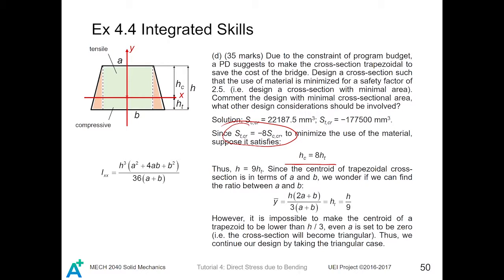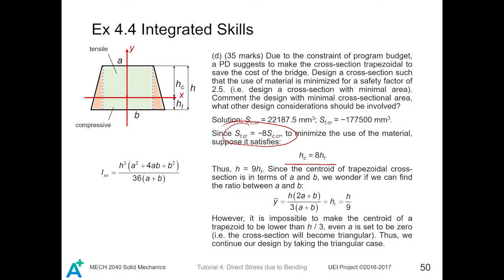However, it is impossible because the lowest centroid allowed for the trapezoid should be greater than h over 3. It is impossible to make the centroid lower than h over 3. That means if you say the centroid is located at h divided by 9, then I will say it is definitely impossible for a trapezoidal cross-section.